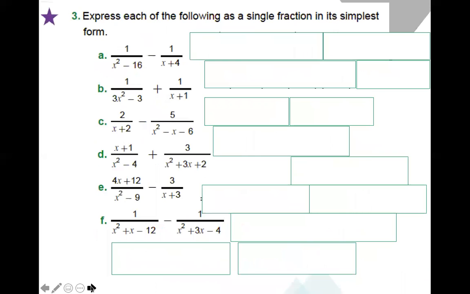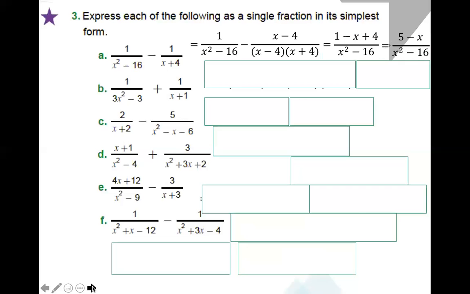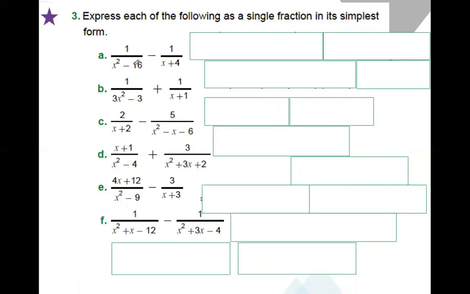And then the last one in that series, let me see. So in here, we had x squared minus 16. So you would need to see that x squared minus 16 is a difference of two squares, which is x plus 4 times x minus 4.